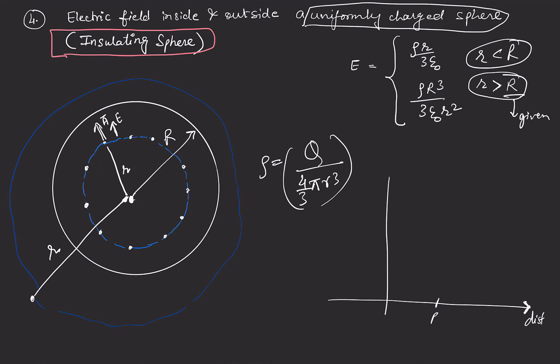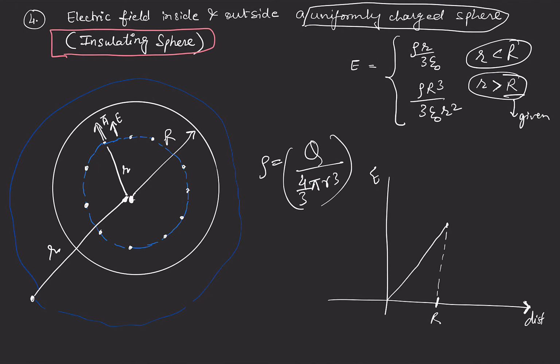So for r less than R, it's just a y is equal to cx line, which is a straight line passing through the origin. Rho by 3 epsilon naught is the constant, x is basically your r and y is basically your E, the electric field on the y-axis. So this would be a straight line passing through the origin, which is like this.